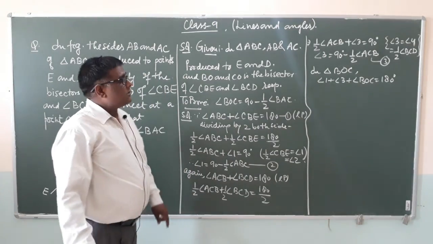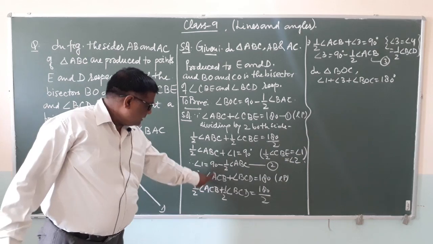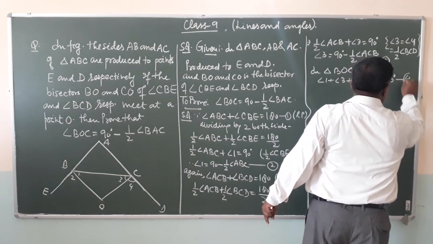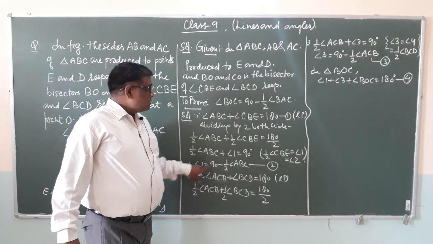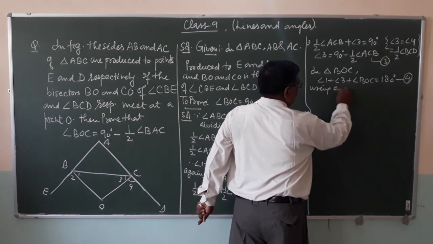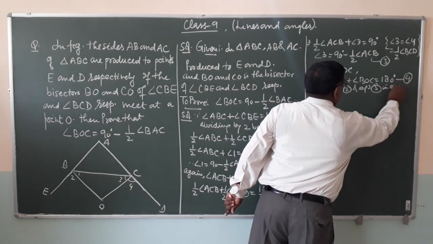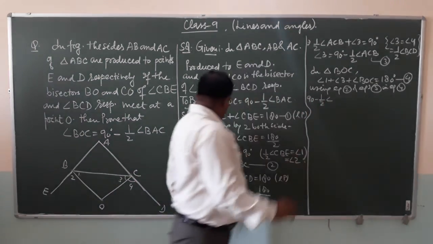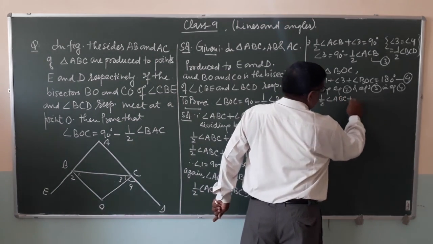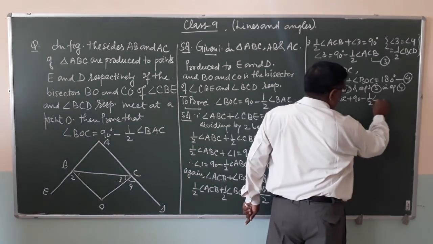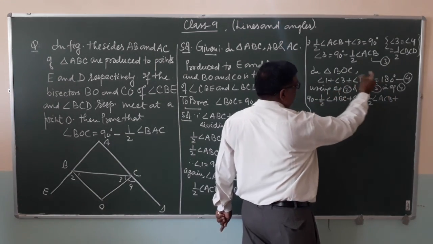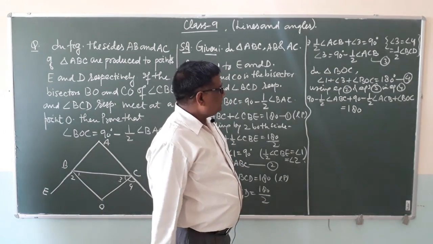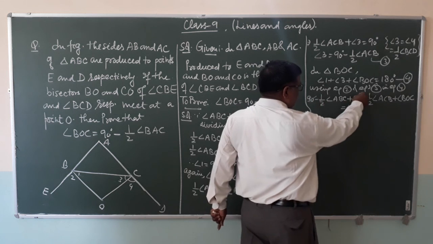That is the property of a triangle: the sum of angles of a triangle is 180 degrees. Call this equation 4. Putting equation 2 and equation 3 in equation 4, we get 90 minus 1 by 2 angle ABC plus 90 minus 1 by 2 angle ACB plus angle BOC is equal to 180 degrees. Now 90 and 90 make 180, and this will cancel.